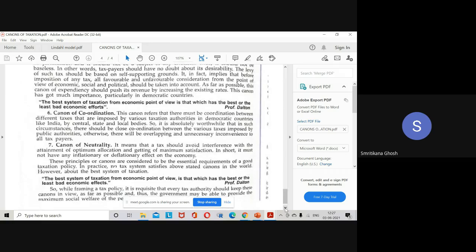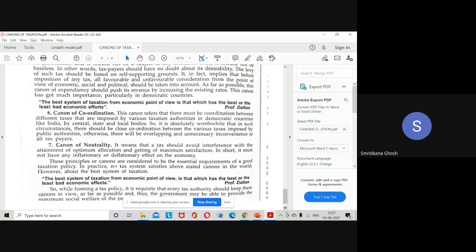Okay, canon of neutrality. Neutrality means this is a problem. The tax may not be like that, where the rich individual is getting the benefit of the tax structure, and the poor or the deprived section of the society are more deprived through the tax structure. So it should be neutral.